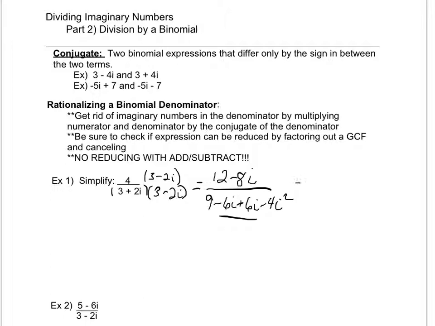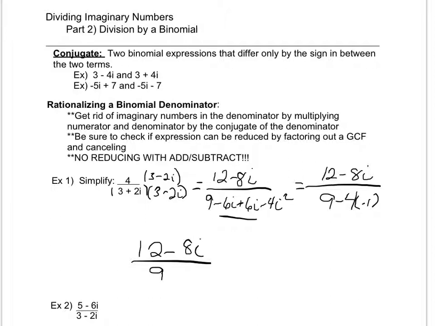So I end up with 12 minus 8i still on top, all over 9 minus 4, and instead of writing i squared, I'm going to write that as negative 1. So I get a final answer of 12 minus 8i all over 9 plus 4, or 12 minus 8i over 13.